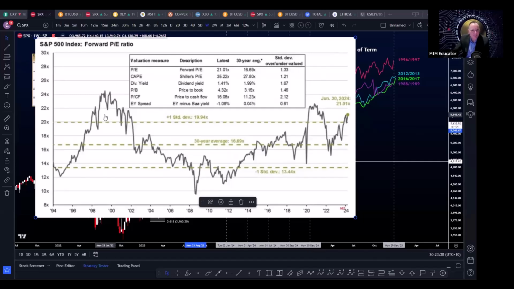And just before the dot-com bubble, we were at about 24.5. So we are getting up to the top end of a price to earnings ratio. That's something we need to keep an eye on because when you start to get over 22, 23, you're getting into that territory where stocks are incredibly overpriced. And that's normally when a pullback is expected.